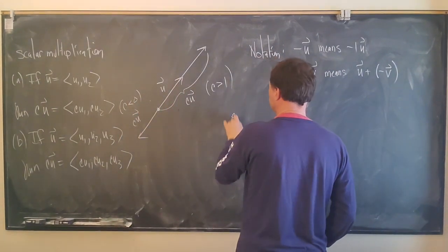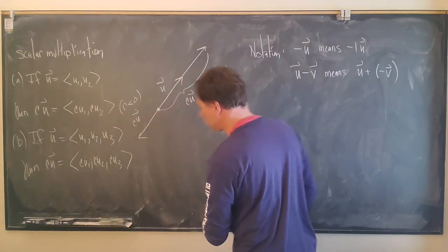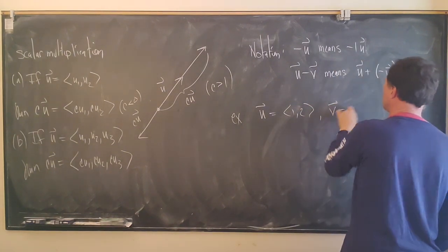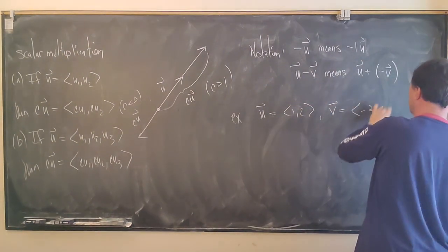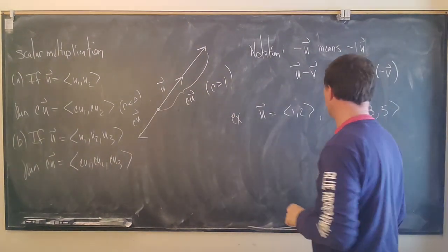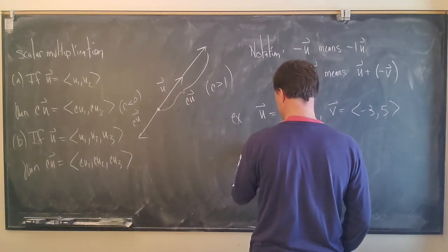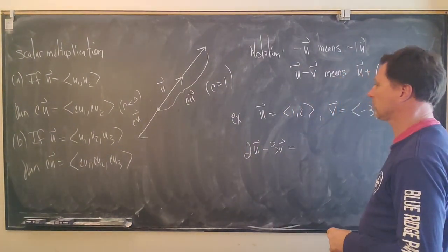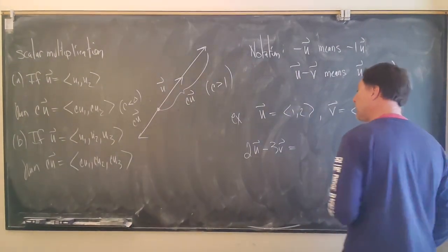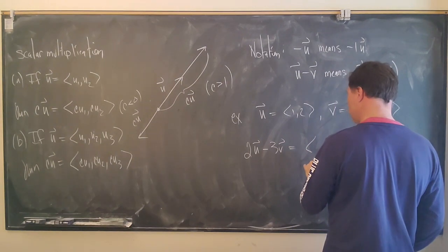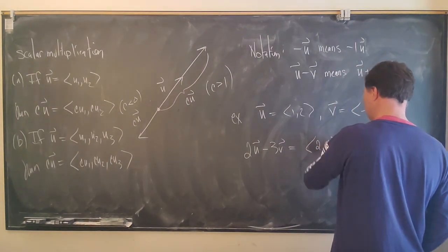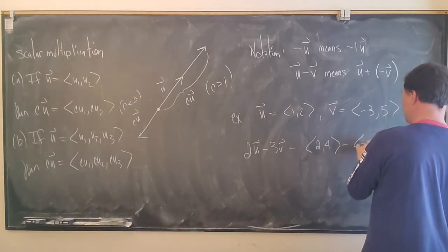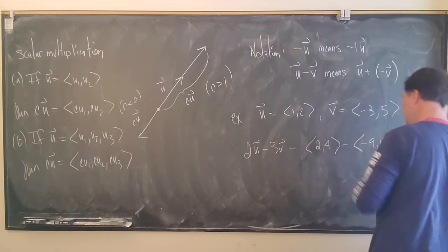For example, let's say u is the vector 1, 2, and v is the vector minus 3, 5. Then we could do 2u minus 3v, combining all these operations that we've got. 2u is 2 comma 4, minus 3 times negative 3, 5, which would be negative 9, 15.